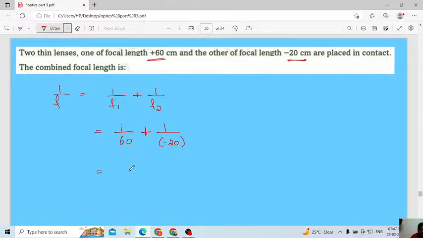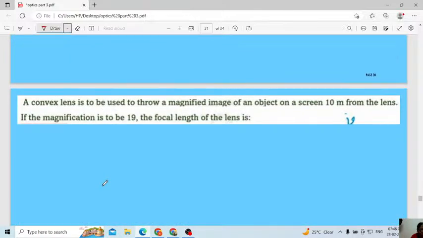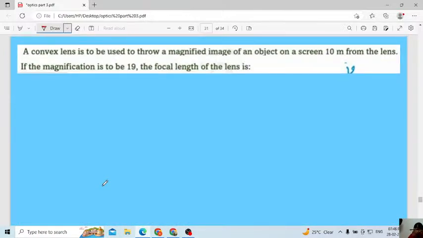Then take LCM and solve, you will get minus 30. F it will be minus 30 centimeter. Solve homework, I wrote the answer. You can solve that one. Next question is important. Next one I will explain in detail.